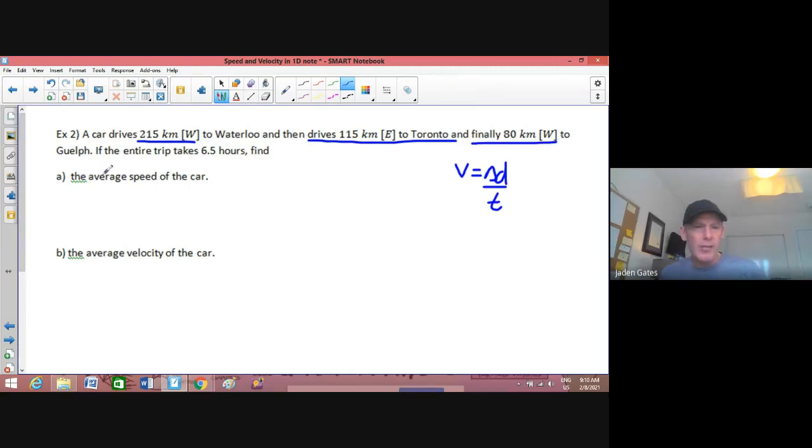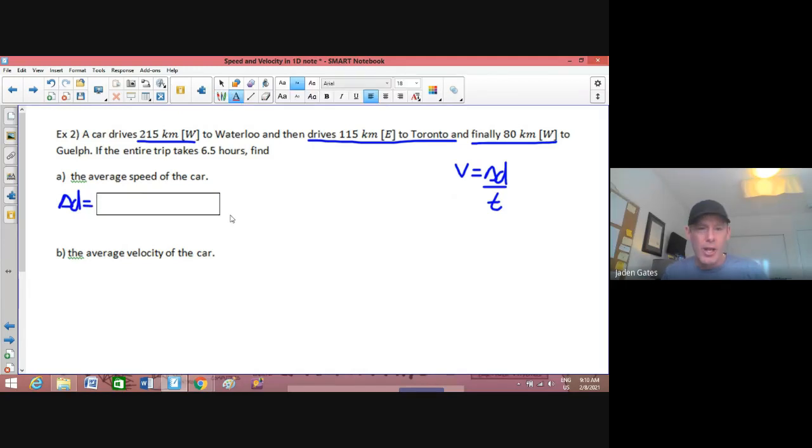But in the case of our car here, when I want delta D, it's all about the total distance traveled, in which case I don't care about direction. So the first movement is 215 kilometers. Then they drive another 115 kilometers, and then finally 80 kilometers.